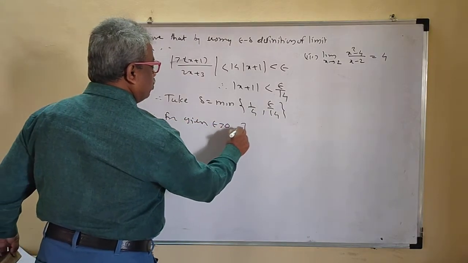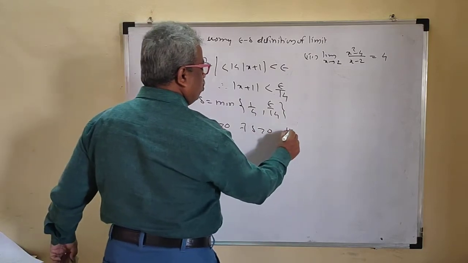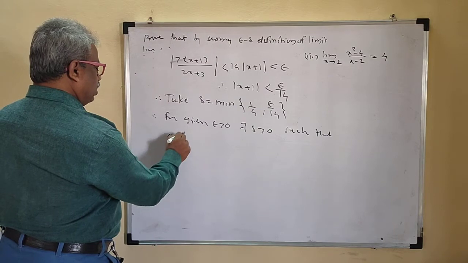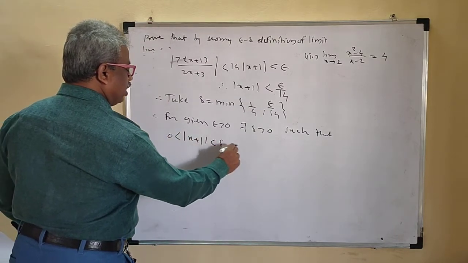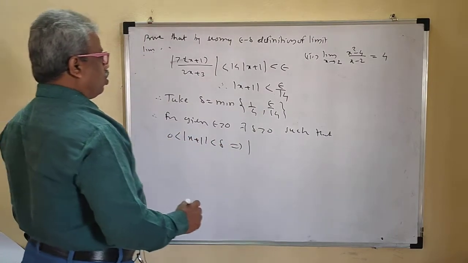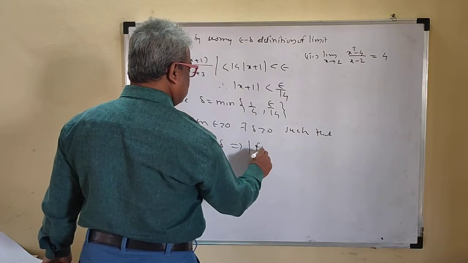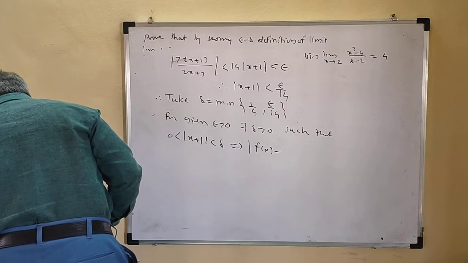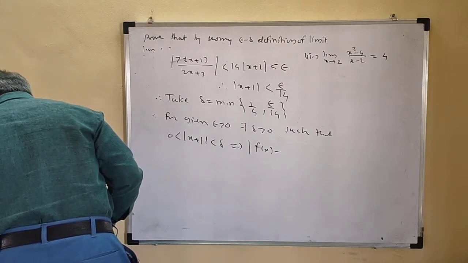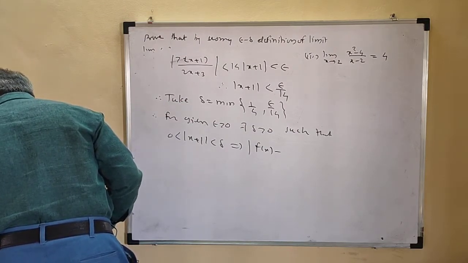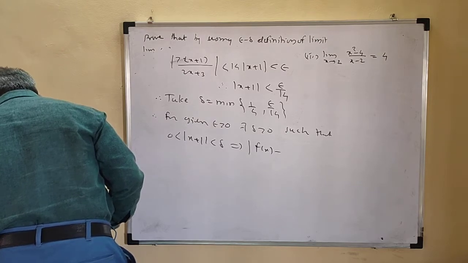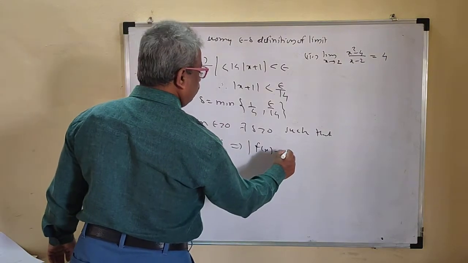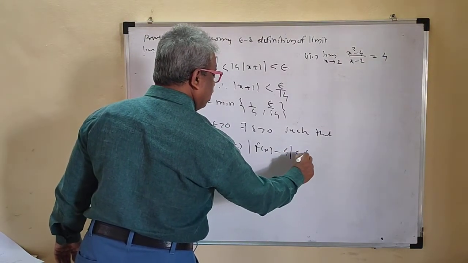So therefore, for given epsilon greater than 0, there exists delta greater than 0 such that 0 less than mod of x plus 1 is less than delta implies that mod of f of x minus, what is the value of the limit? 4 is less than epsilon.